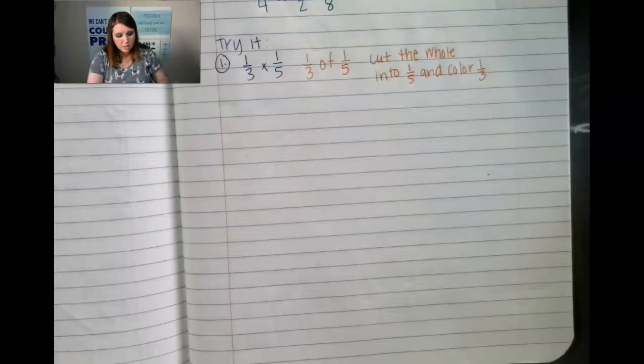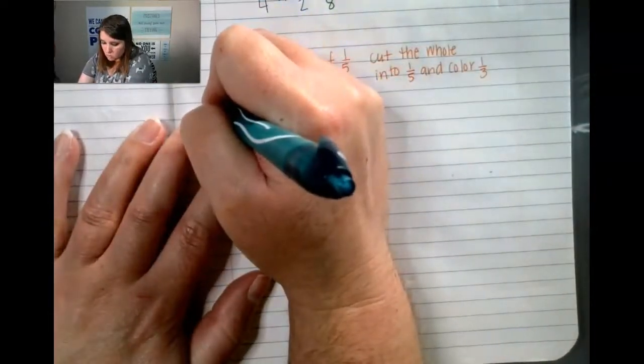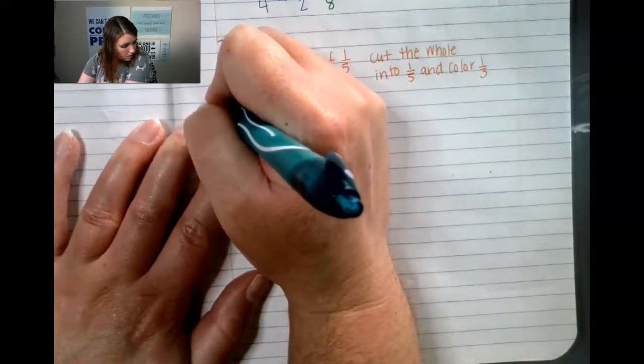Okay, so when we're multiplying fractions, we're going to use just straight multiplication. So we're going to continue on with this.